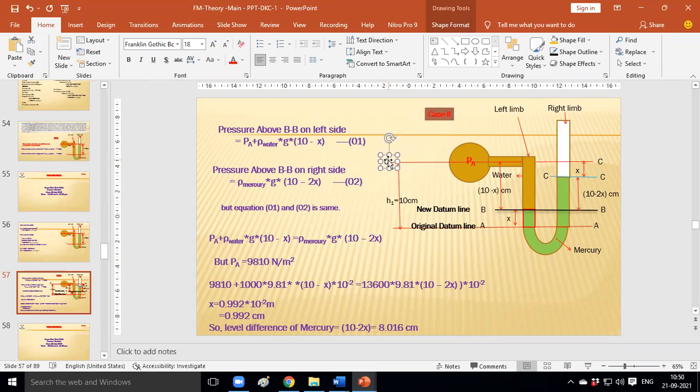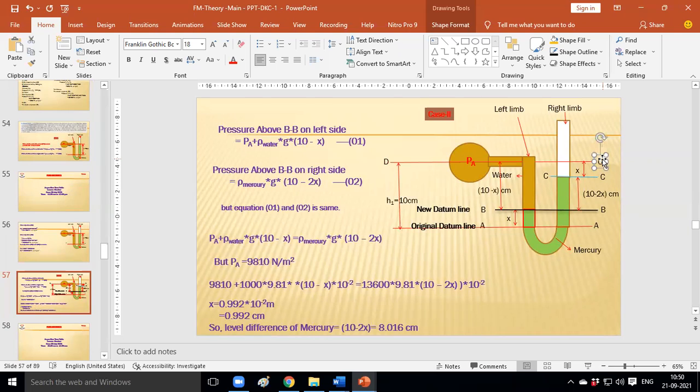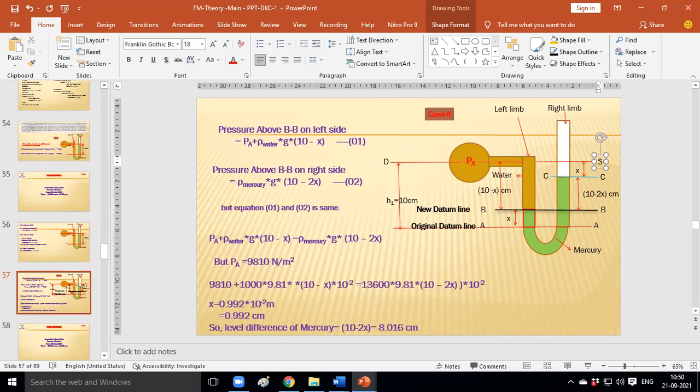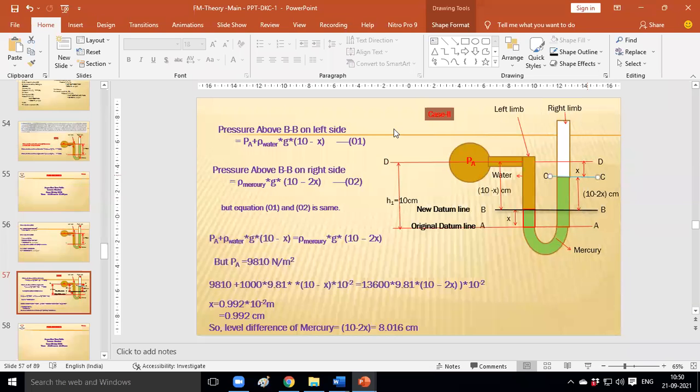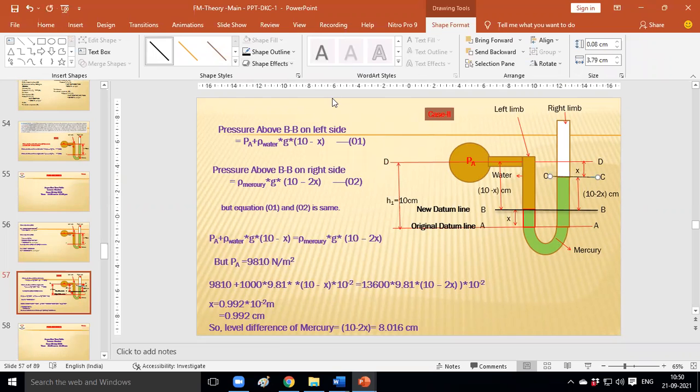And using some simple calculation, we can easily calculate the value. CC dash is already mentioned, so we need to use a different notation. We can change this notation to DD dash, as CC dash is already mentioned here, and we increased this thickness for understanding purposes.